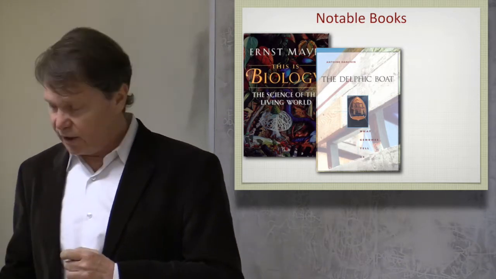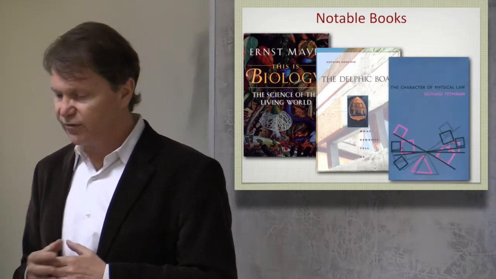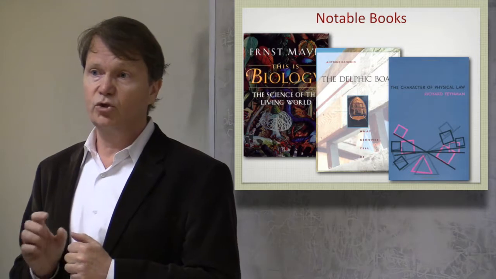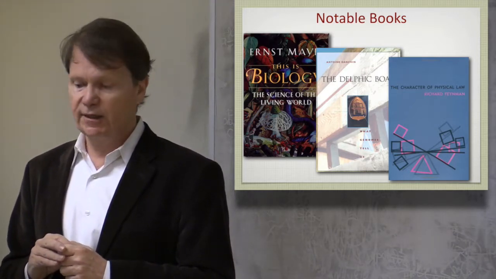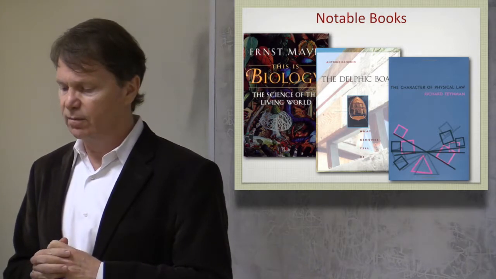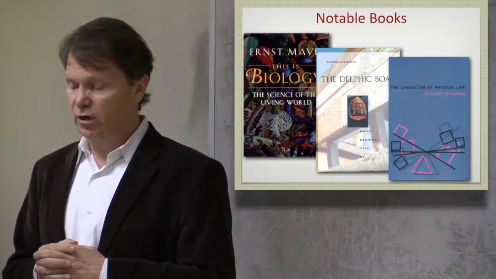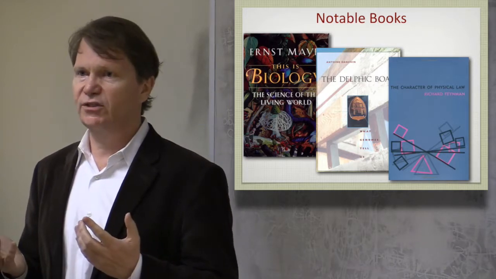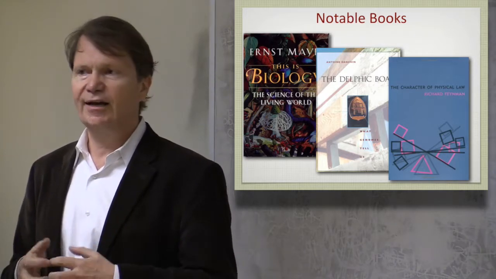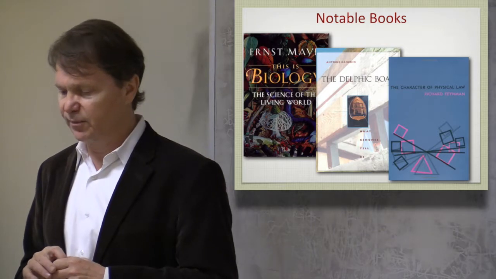Then there's another book written by Richard Feynman, which is also interesting, a very short book. As I think we all know, he was a very famous physicist operating at Caltech in the 60s. He wrote this book called The Character of Physical Law. He goes through the characteristics of all these equations from a broader, almost philosophical perspective.